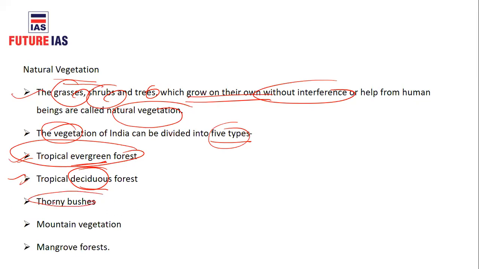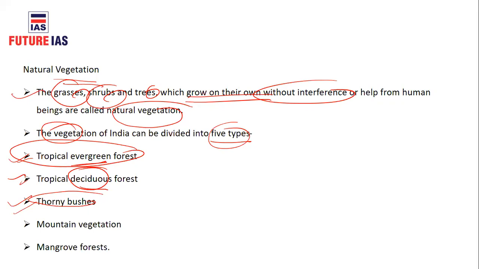Thorny उसका मतलब होता है trees which have thorns, instead of leaves you will have thorns on the plant. So you will have cactus type of vegetation which is only found in the arid climate.